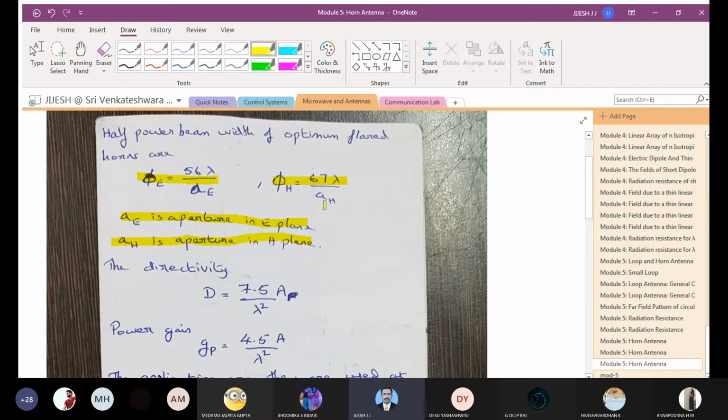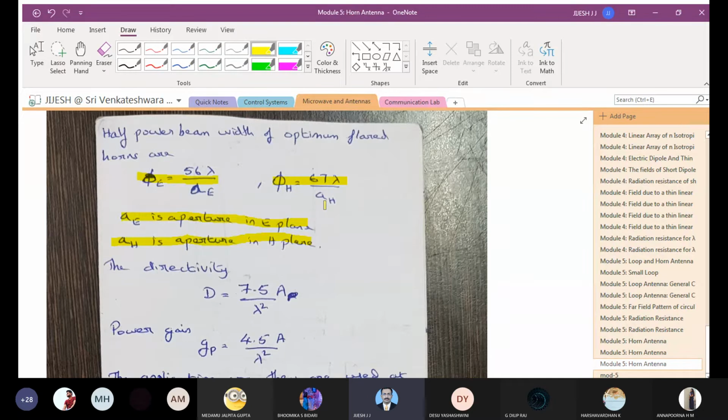From this we can also write the directivity equation. The directivity equation for a horn antenna you can find by using this equation: D is equal to 7.5 AP divided by lambda square, where AP is the aperture.